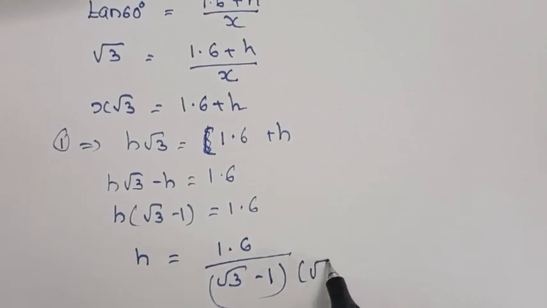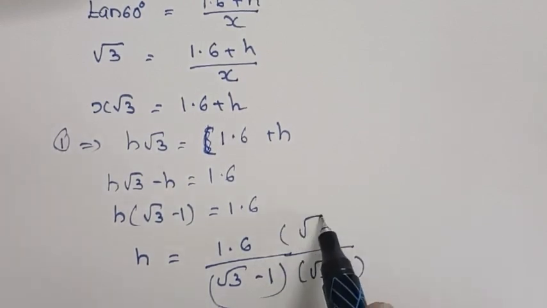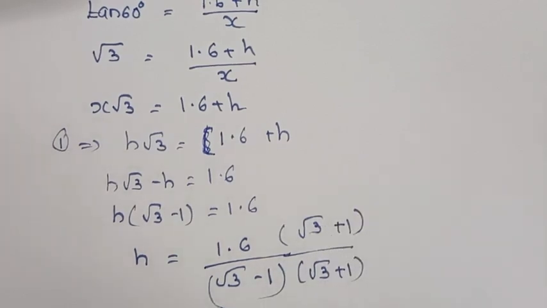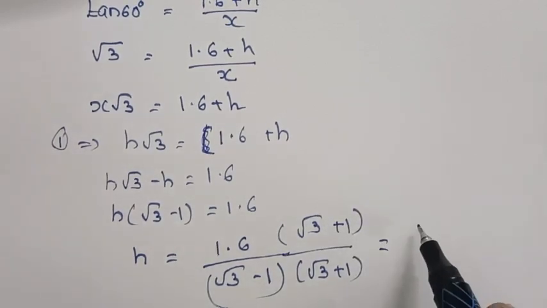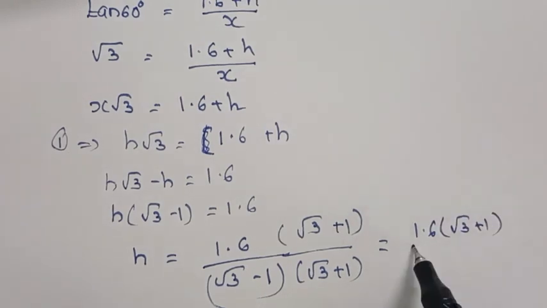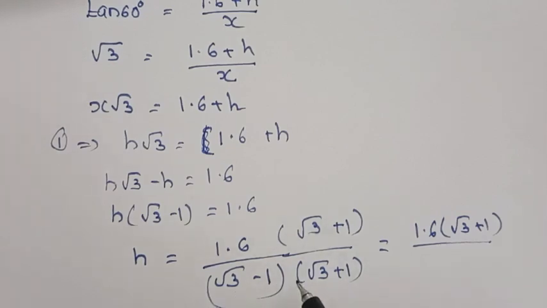Multiplying by root 3 plus 1 in both numerator and denominator, we have to rationalize it. Then we get 1.6 into root 3 plus 1 divided by a plus b into a minus b, a square minus b square, that is root 3 square minus 1 square.